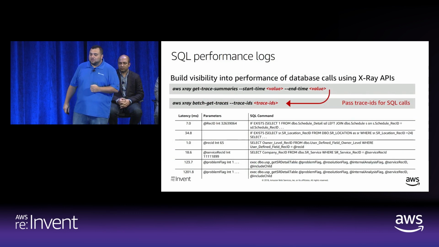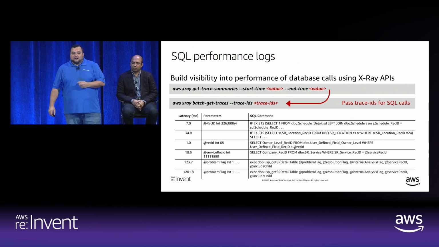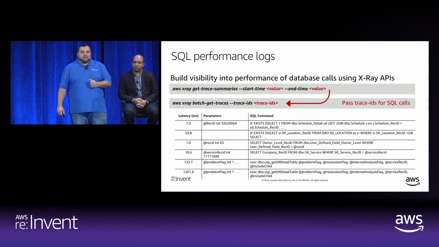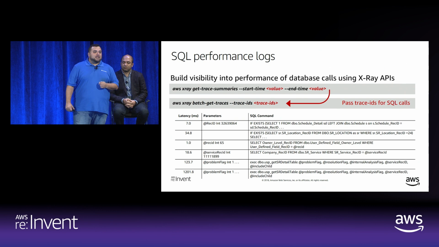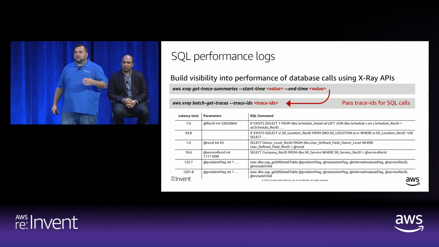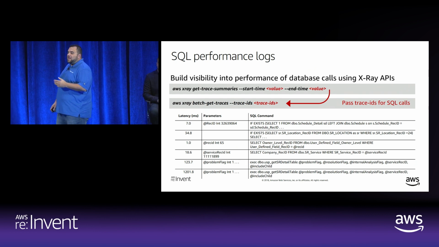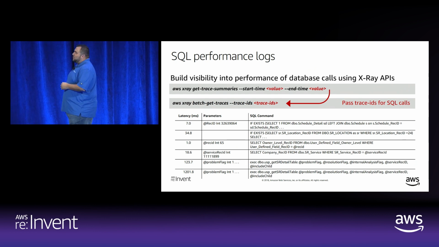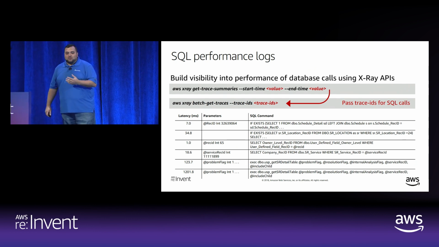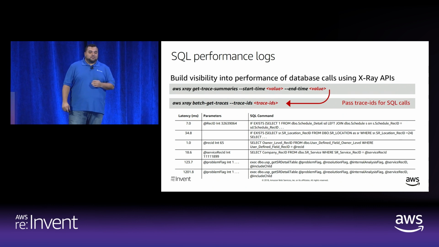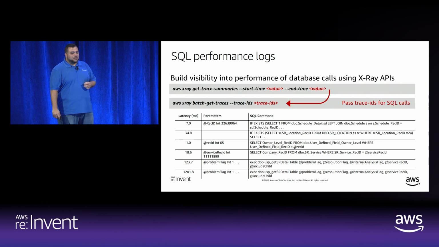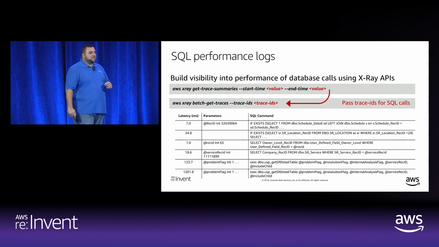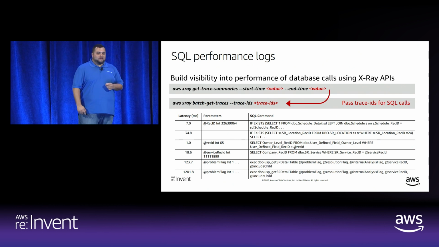And since we're pushing all SQL and the traces, we leverage X-Ray APIs to get all the traces that have SQL calls and start logging them, so we can have a daily log of all of our SQL calls. We can now be more proactive in trying to fix the expensive SQL calls all over the services.